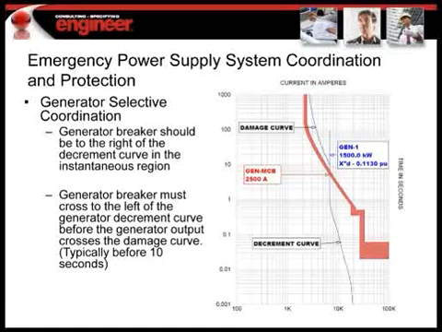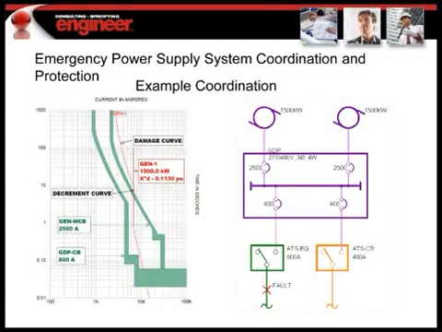Now we're going to add in a breaker. Here's our example situation where we had an 800 amp breaker on ATS EQ, and this was a fault. We want to make sure that fault is picked up by the 800 amp breaker before it gets to the 2500 amp. In this curve, the leftmost curve is an 800 amp breaker that serves the equipment branch.